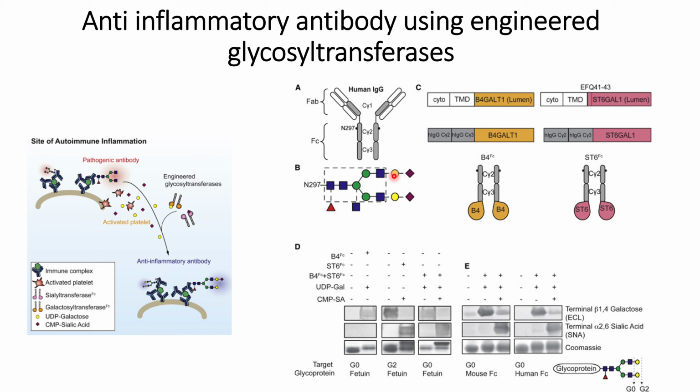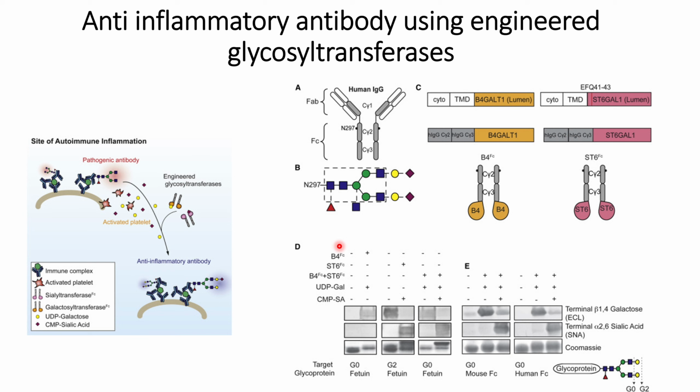The idea to introduce these glycan structures is through the addition of glycosyltransferase to the human IgG, so that the reactions can occur and add the additional required glycan structures at this glycan site.